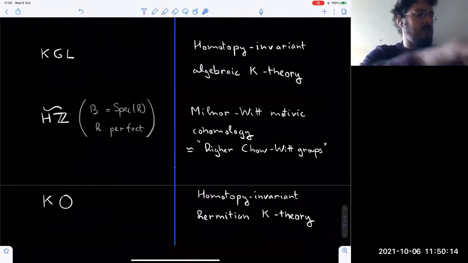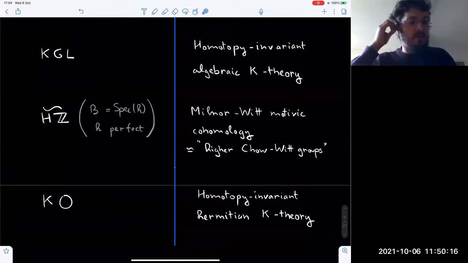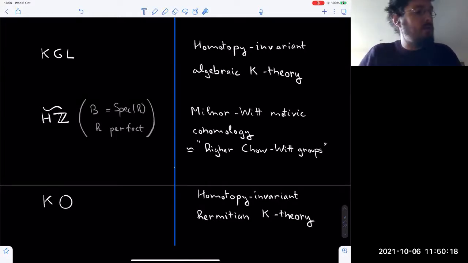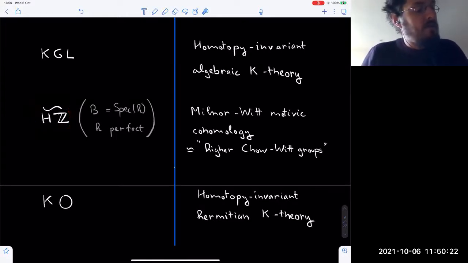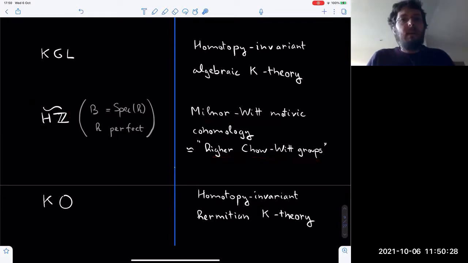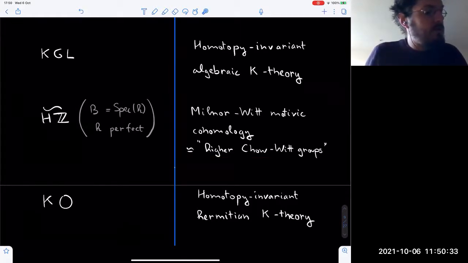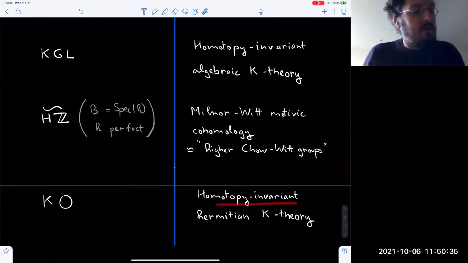And then you have variants of this, in some sense quadratic variants of these two theories. So you have a spectrum HZ tilde, which represents what is called Milnor-Witt motivic cohomology, or higher Chow-Witt groups. And you have a spectrum, which we could denote by KO, which represents homotopy invariant Hermitian K theory.